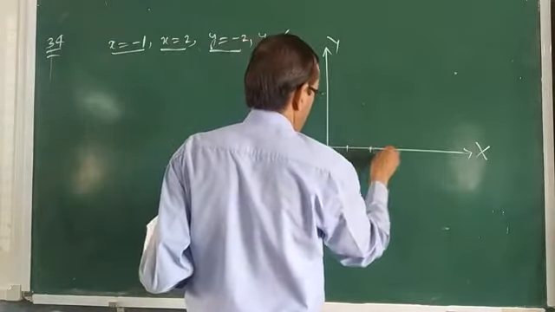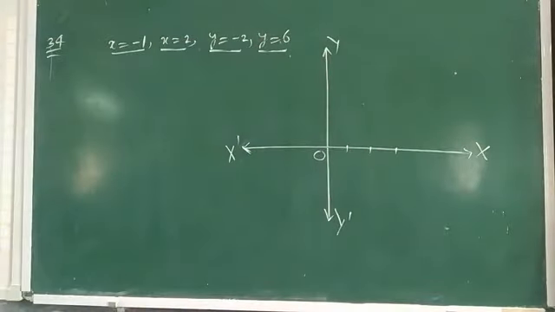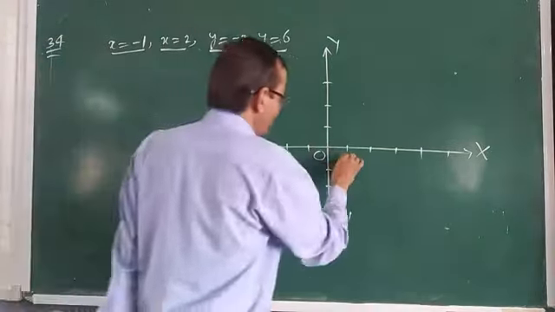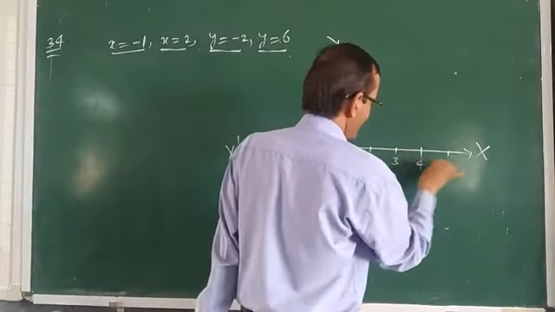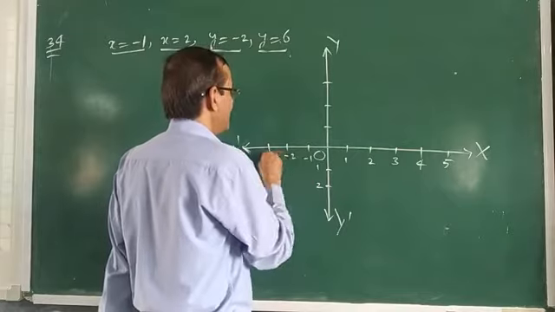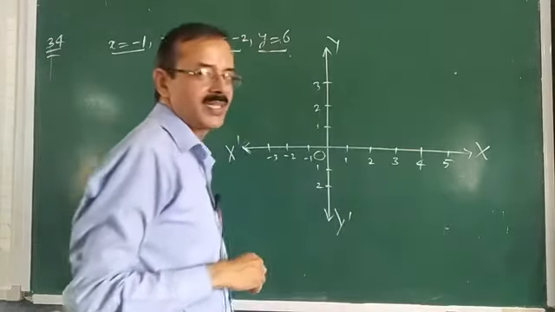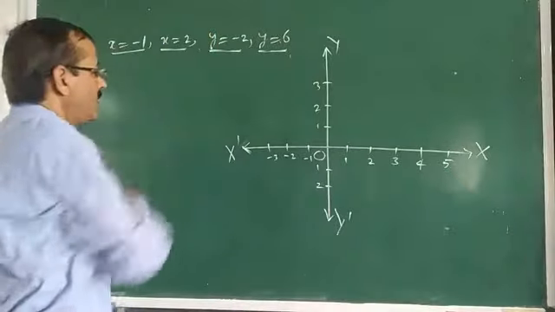1, 2, 3, 4, 5. So this is 1, 2, 3, 4, 5, and minus 1, minus 2, minus 3. Okay, x is equal to minus 1.